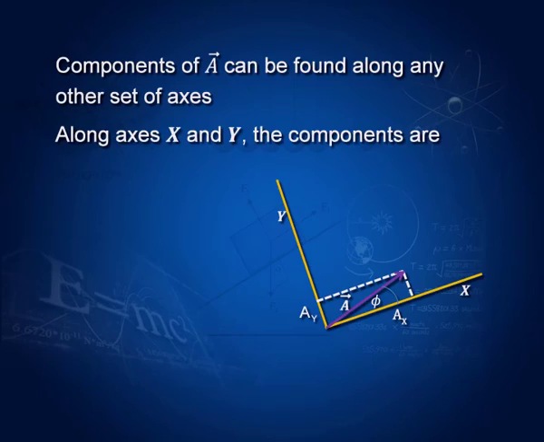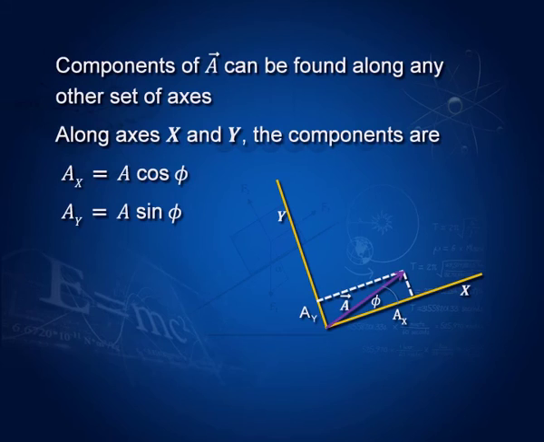It is not necessary that the axes are as shown in the last diagram. They can be tilted as in this diagram, and we still can find components of vector A. It is the same vector A along the axes capital X and capital Y. Once again the same thing, the angle between them is phi, and therefore A x is A cos phi, and the component along the y axis is A y, which is equal to A sin phi.